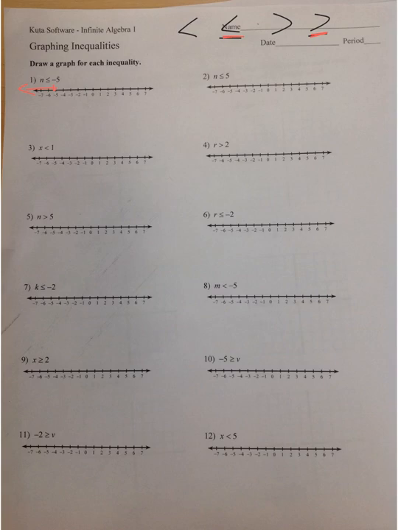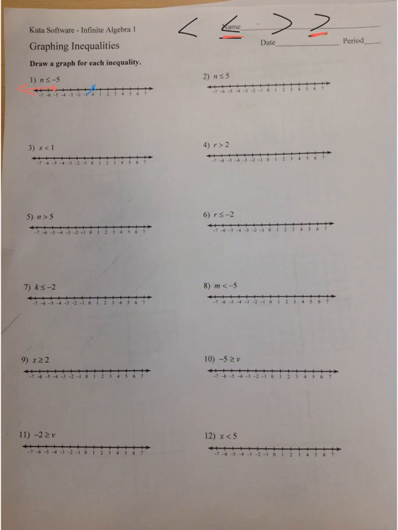If you're not comfortable with the negatives, you can pick another number. Instead of picking something to the left, I'm going to go with 0. Is 0 less than -5? The answer is no, it's not. So you can see that my red arrow is not going in the direction where the 0 is. Less than -5, it's got to go over to the left.